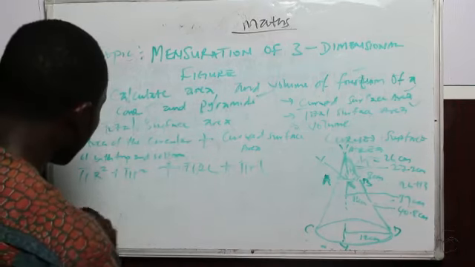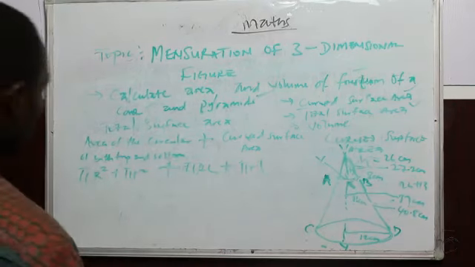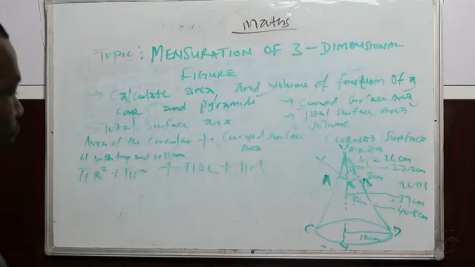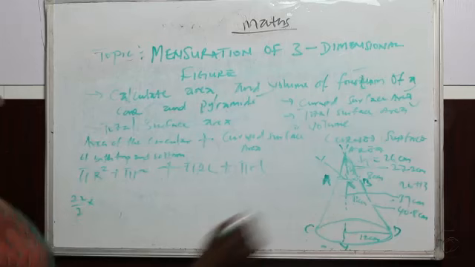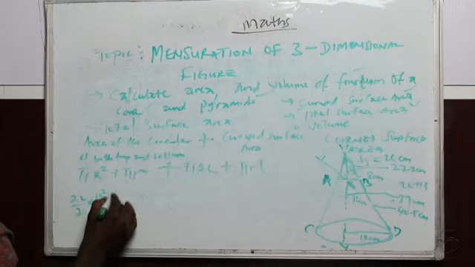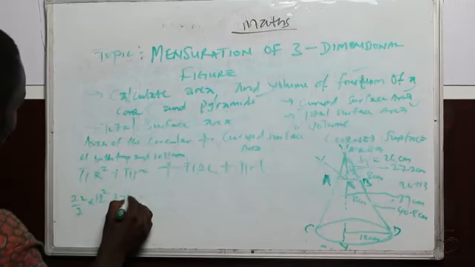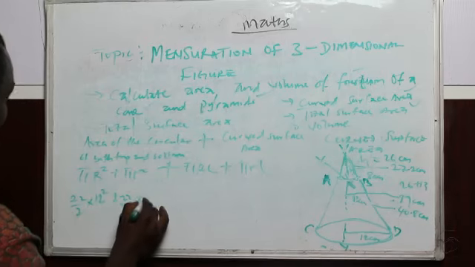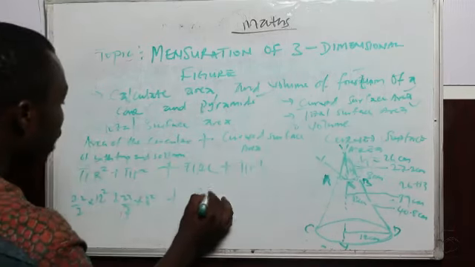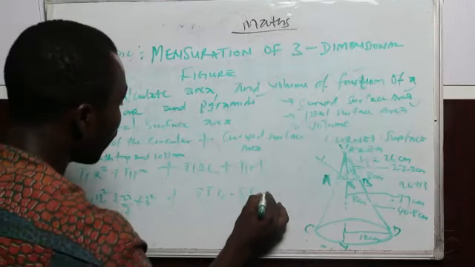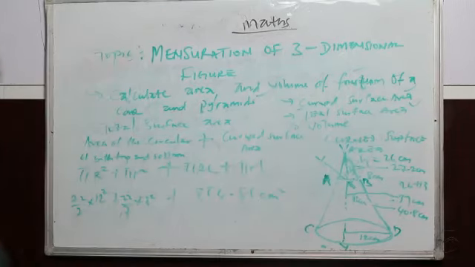Now, pi r square with r equal to 12 centimeter is 22/7 times 12 square, plus 22/7 times 8 square, plus our curved surface area of 854.85 square centimeter. Very easy.